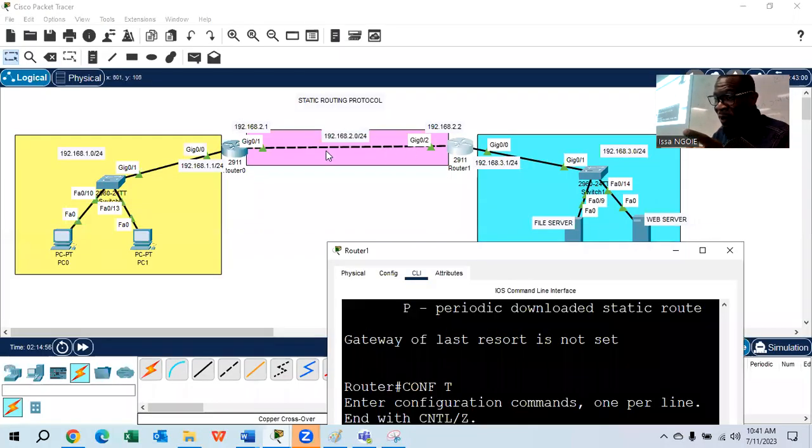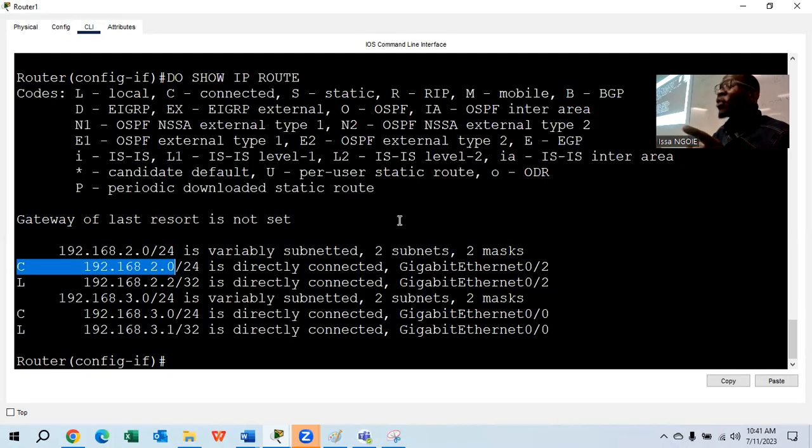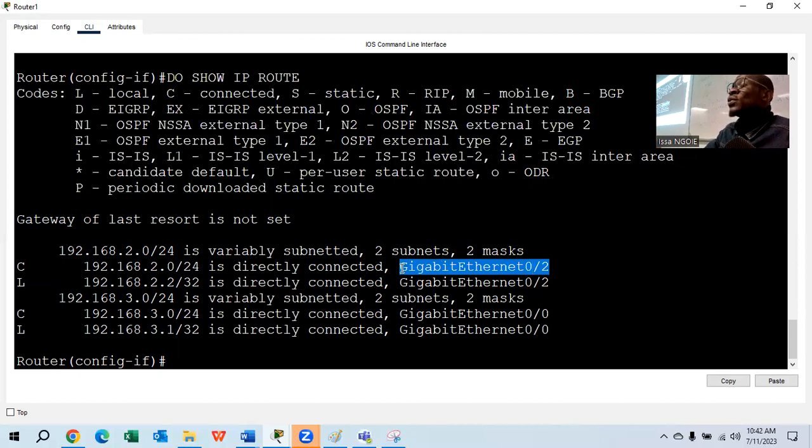This one, the purple one. Because the interface is on and we gave it an IP address. You can see the C next to it, right? And we are connected to this network by using which interface? 0/2. This is the interface that allows me to learn about my neighbor network.